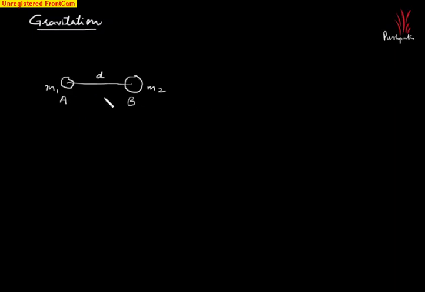then the force of attraction between these two masses according to Newton is, this F is directly proportional to the product of these two given masses, and this force is inversely proportional to the square of the distance between the centers of these two bodies.